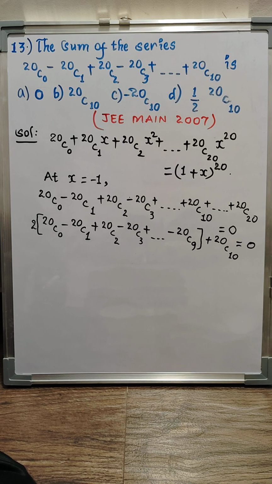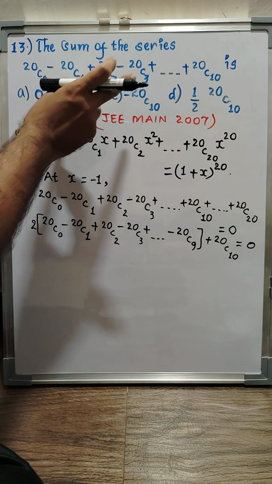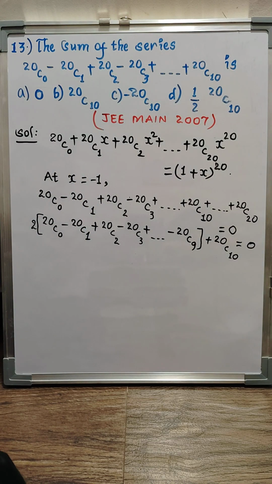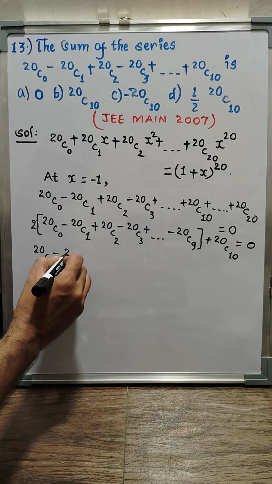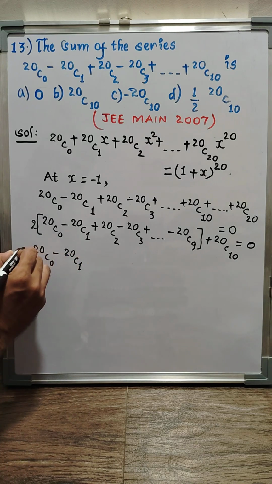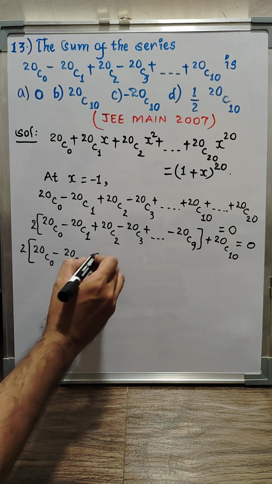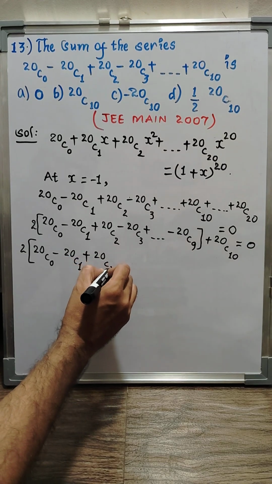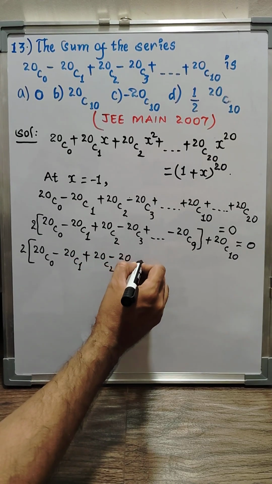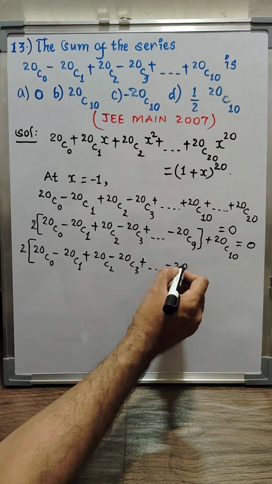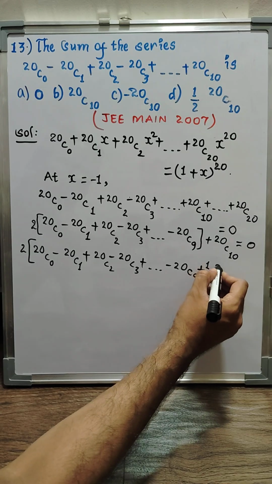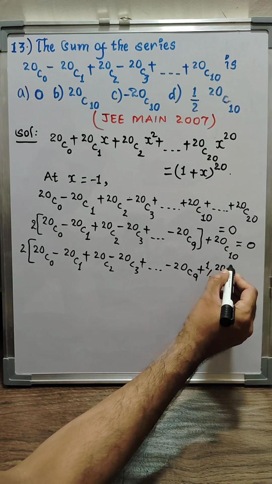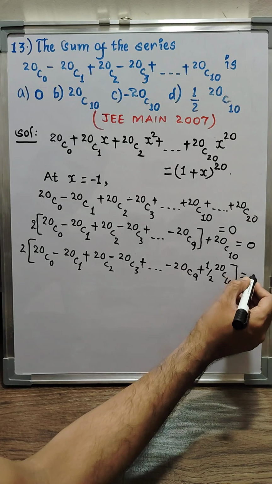Then we want the value of the expression up to 20C10. So this can be written as 20C0 minus 20C1 plus 20C2 minus 20C3 and so on minus 20C9 plus half 20C10 is equal to 0.